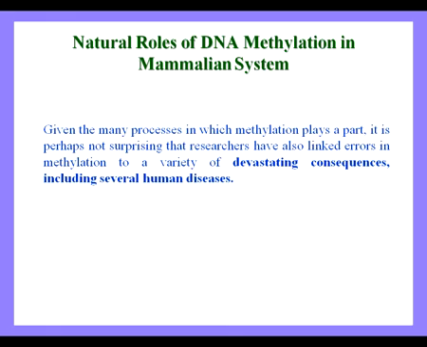It is not surprising that researchers have also linked errors in methylation to a variety of devastating consequences, including several human diseases. So any variation in the wrong methylation of certain DNA can also lead to disease conditions. That is why it is important to study the methylation pattern and the correct methylation pattern.